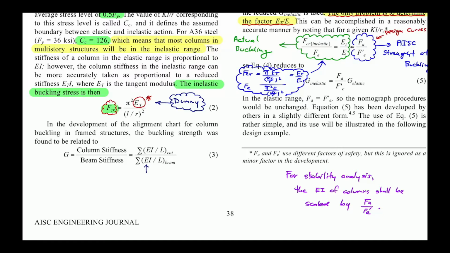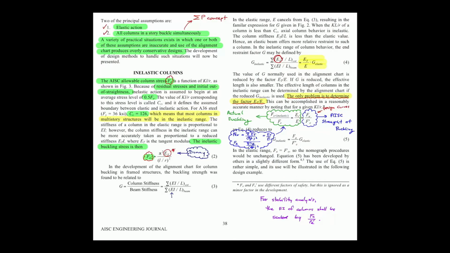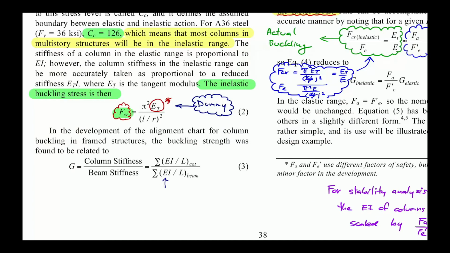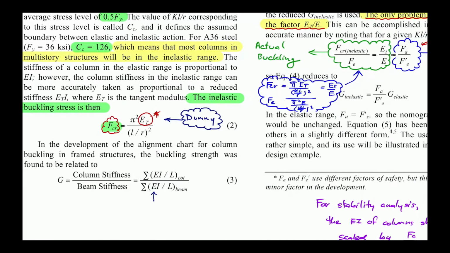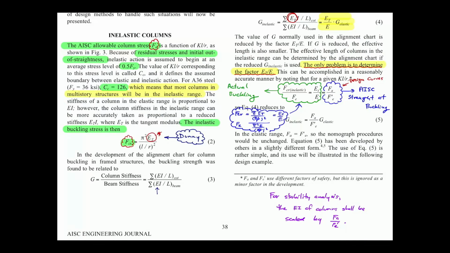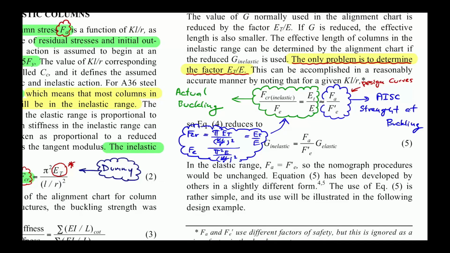If you know that the column is going to be inelastic, then we can estimate the ET and put it into the alignment chart, and then you can perform the analysis accurately under this scheme.